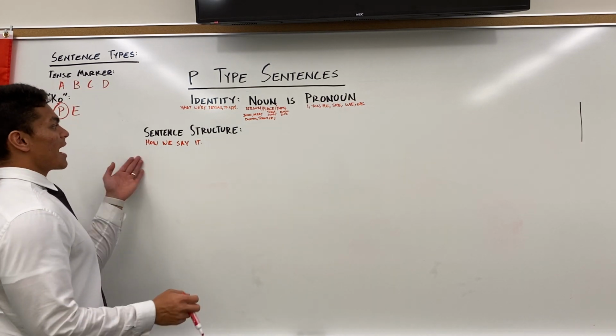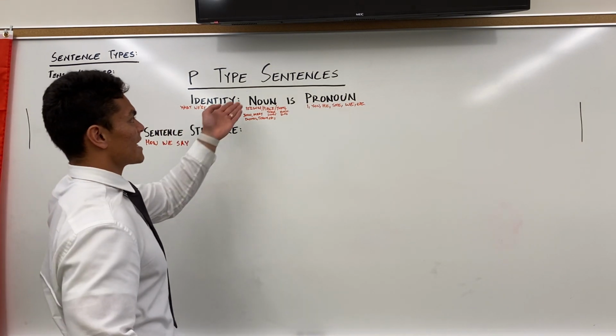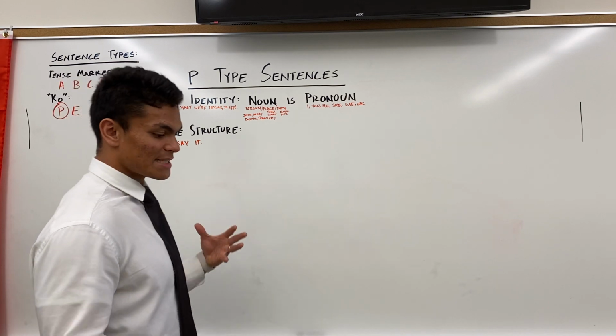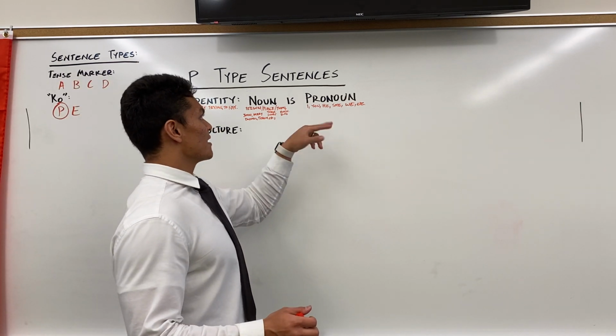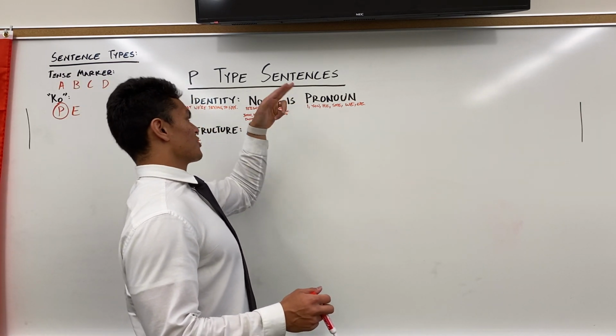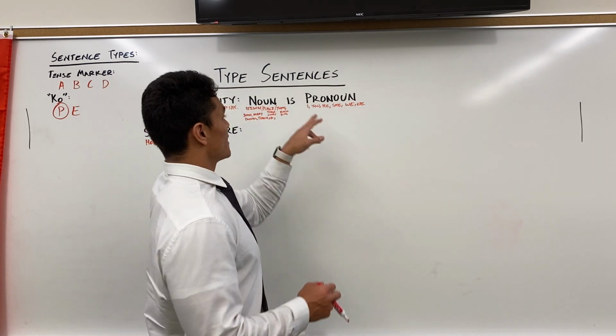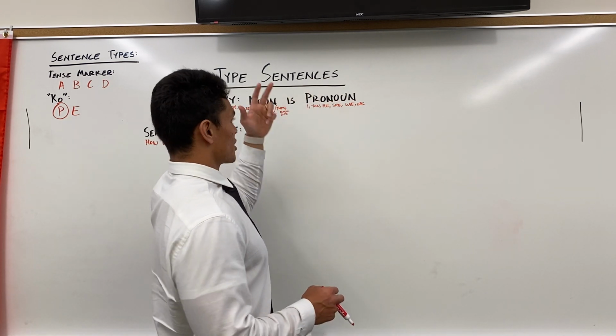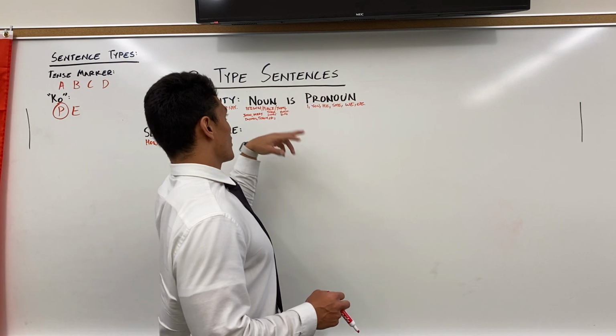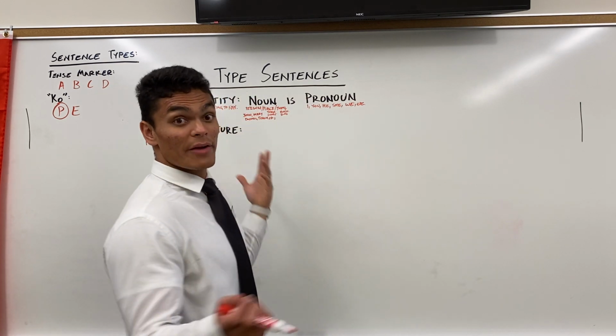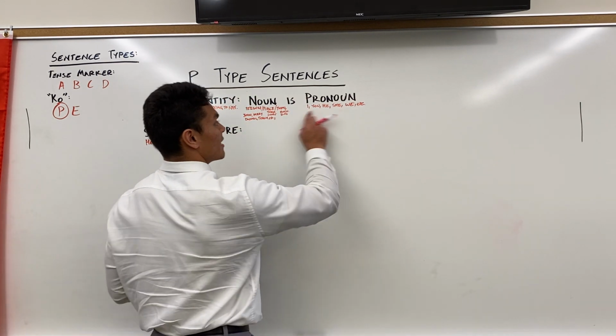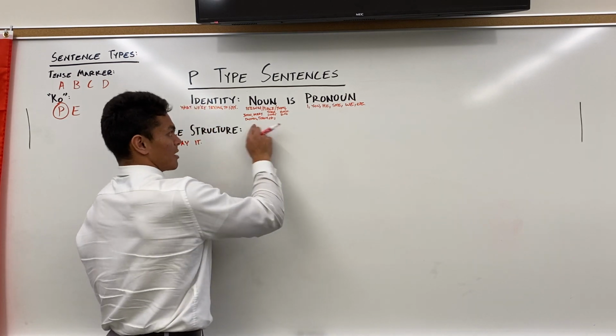So now let's talk about how to say it. So we know we're trying to say a noun is a pronoun. So we're trying to say something like, I am a teacher. Trying to say, he is the doctor. We are students. Whatever it is, we're trying to say a pronoun is a noun.